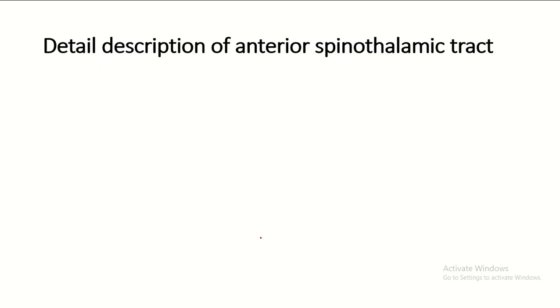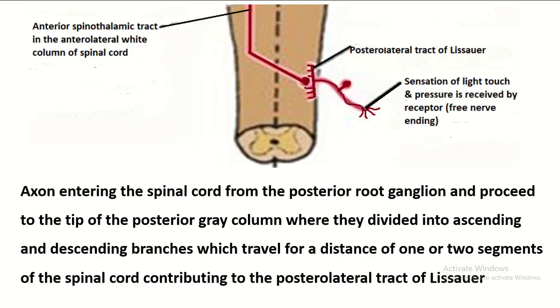Now the detailed description of the anterior spinothalamic tract. This is a free nerve ending, one of the receptors which carries light touch and pressure sensation, and this sensation goes to the peripheral fiber, then the central fiber of the first order neuron. This first order neuron is situated in the posterior root ganglia.